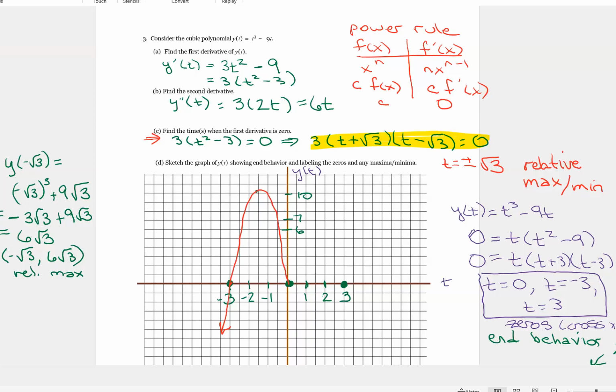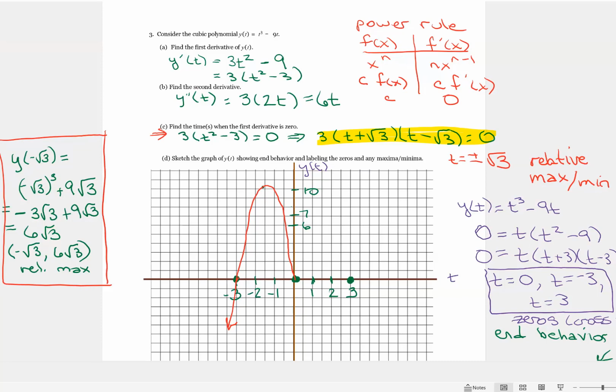Now, I also need to find my relative min. I know it's at 1.7. I don't know what it is when I plug in a positive there. Let's see what happens.